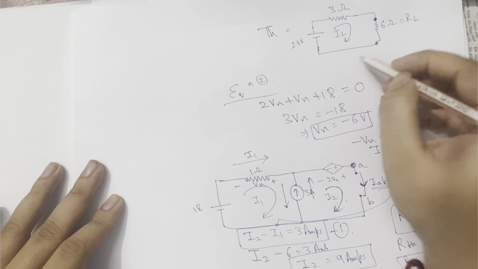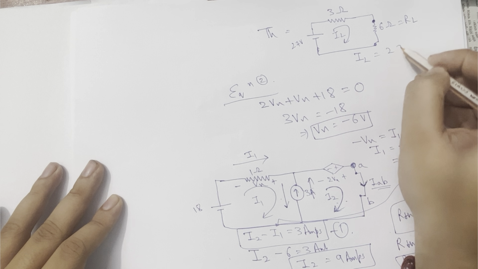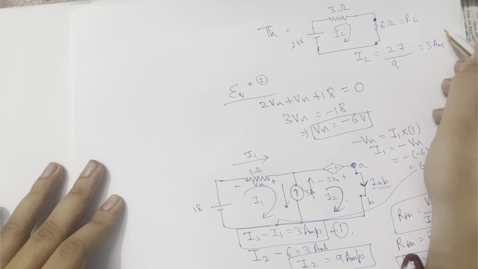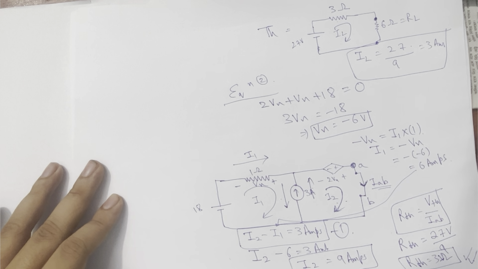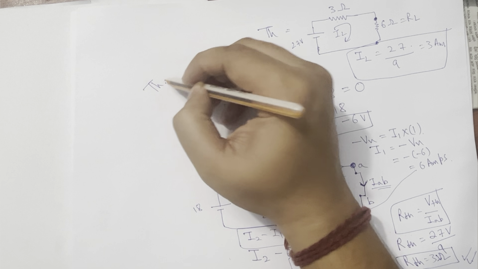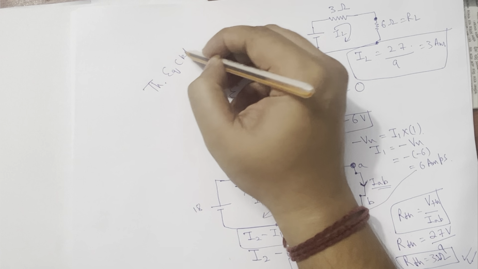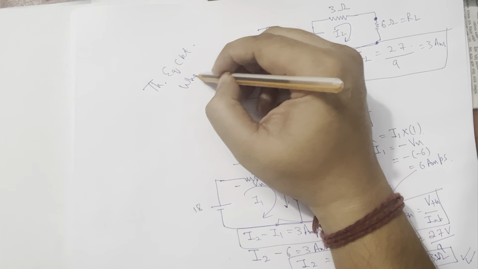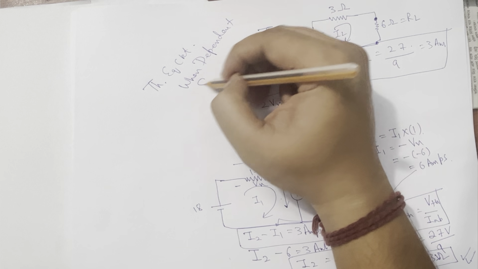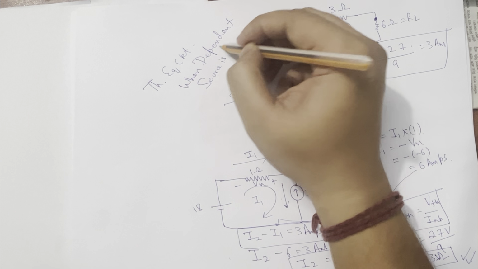If we want to calculate I load, it is nothing but 27 upon 9, equal to 3 amps. So this was how we solve the Thevenin equivalent circuit when a dependent source is present.